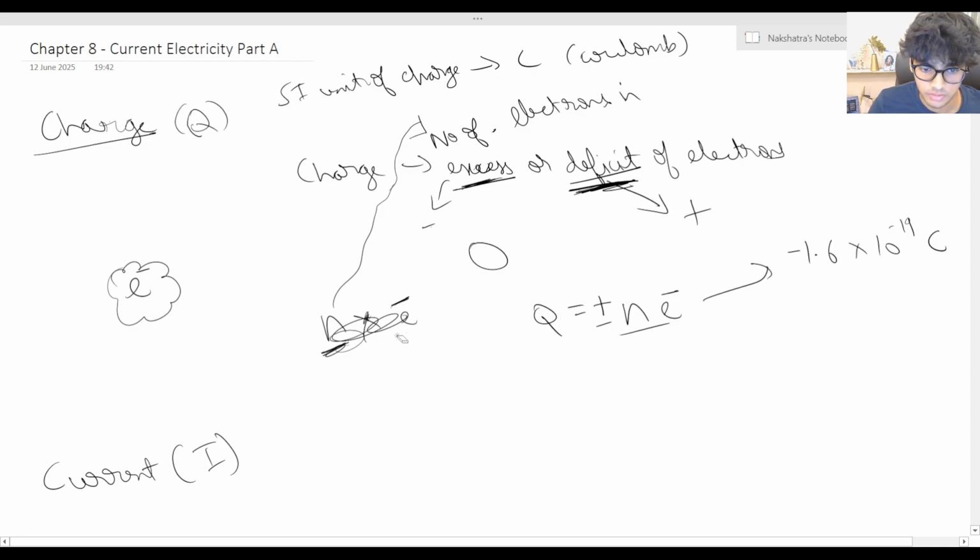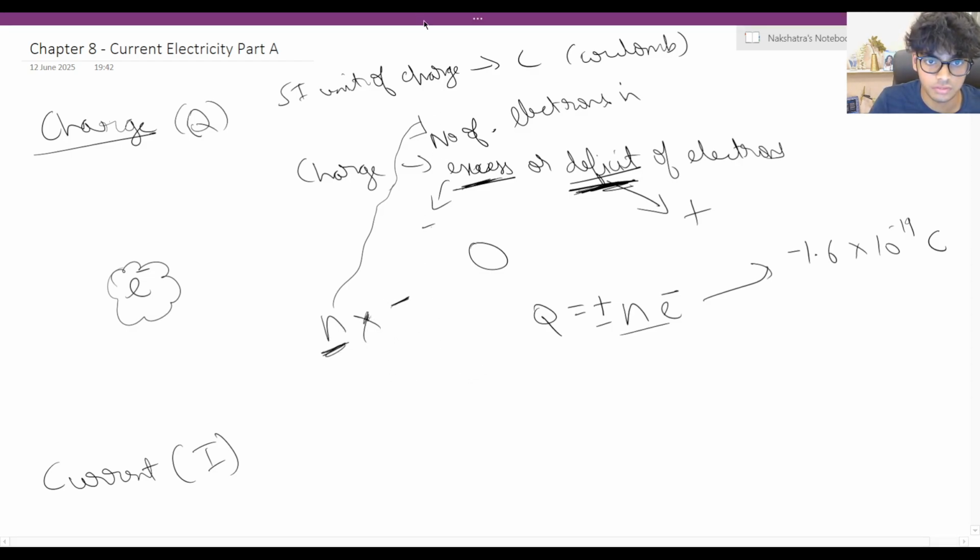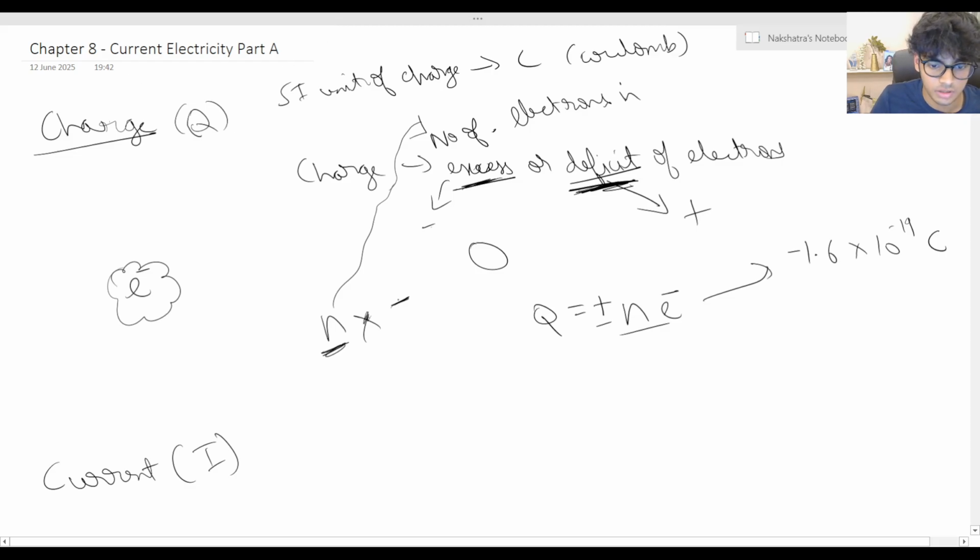If you have a body which isn't a conductor, like wood, if this is a piece of wood, there'll be certain points around the wood where maybe there are a few electrons in excess, and this is where it'll have a minus charge, right?